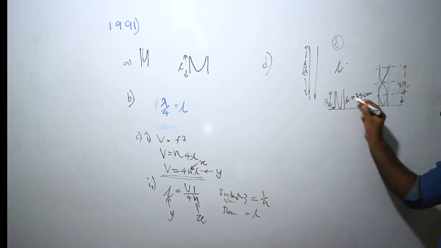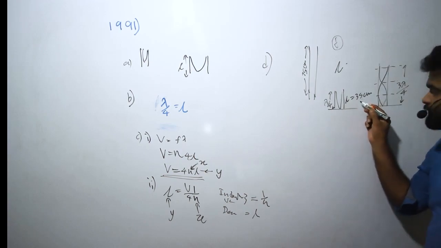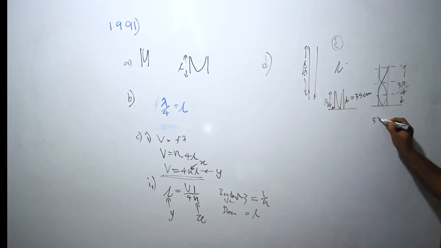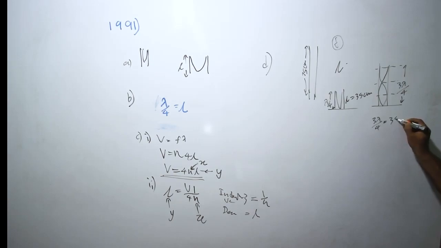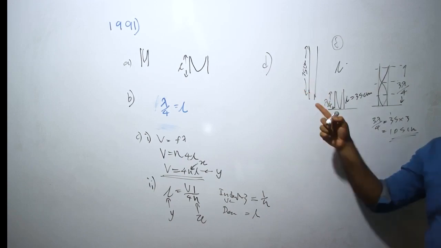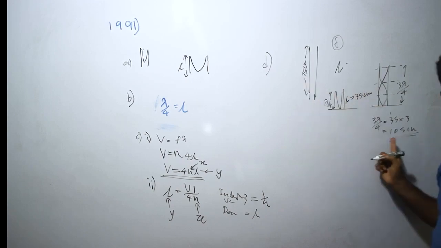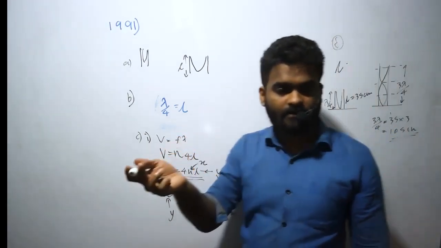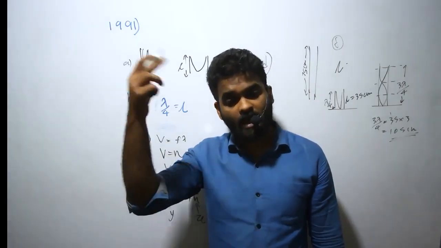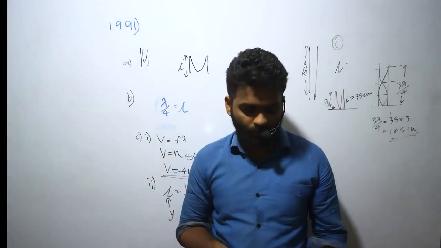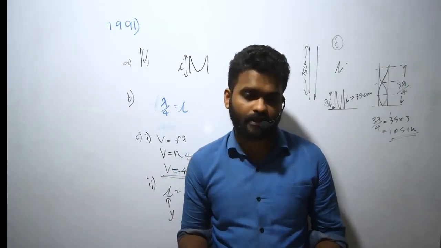Lambda over 4 length is 35 centimeters. What is 3 lambda over 4? It is 35 times 3, 105 centimeters. So 75 centimeters is not enough. In order to make the other resonance length, it is 105 centimeters. So obviously it is not enough.